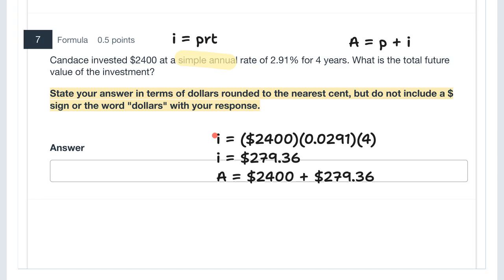I might even be able to do that in my head, right? So A is 2,679.36. And when we put the answer in the box here, Canvas will stick a comma in there.